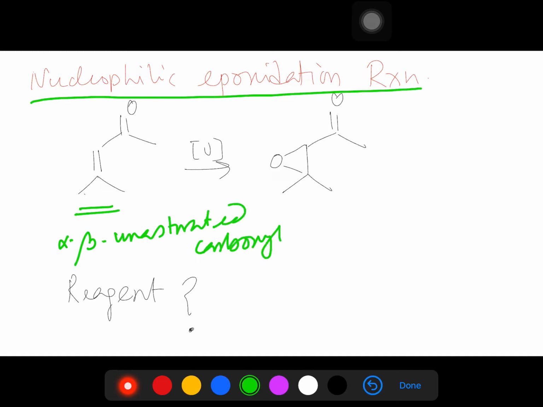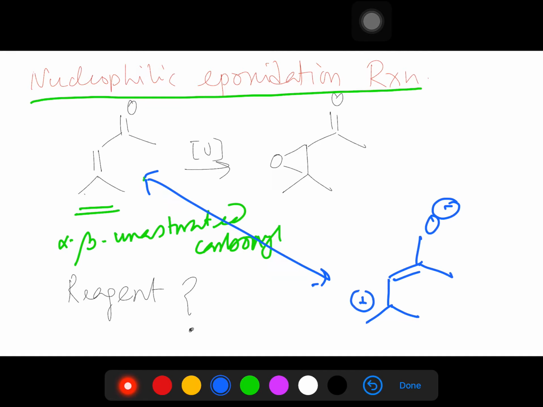Because of the resonance, let me draw the canonical form. Because of the resonance, the electron density on this carbonyl group is less. See, this carbon bears some amount of positive charge, so it is not a good electrophile.